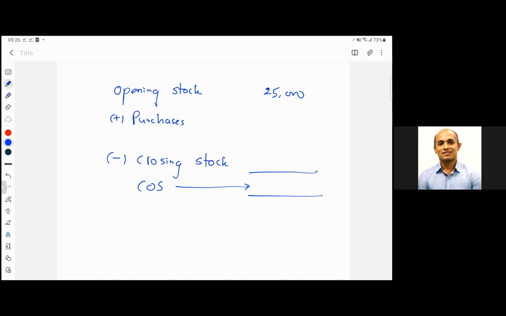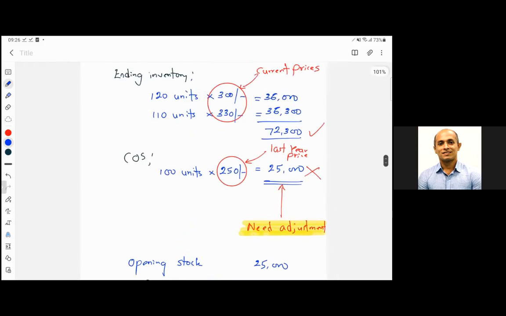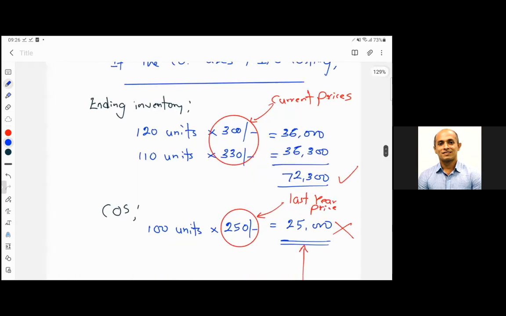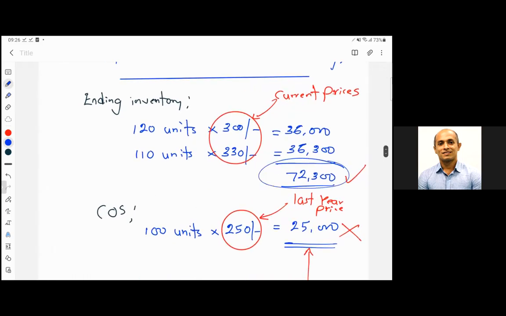We have purchased two times, 120 units at 300 and 110 units at 330, so purchases total 72,300.